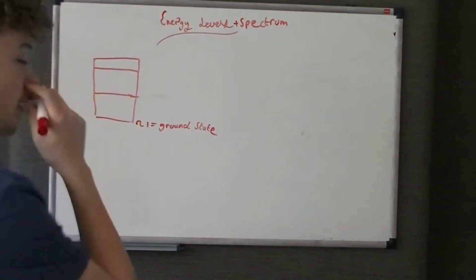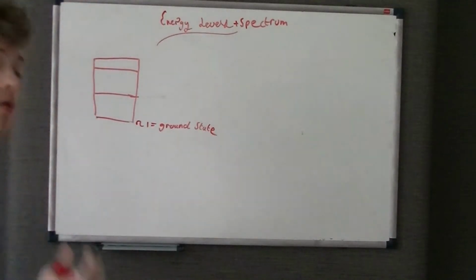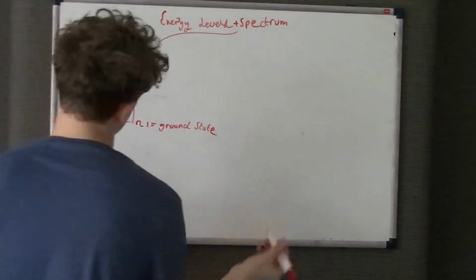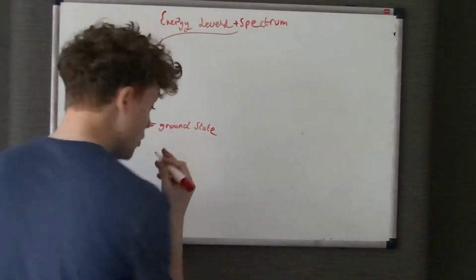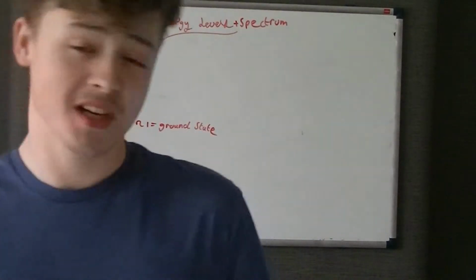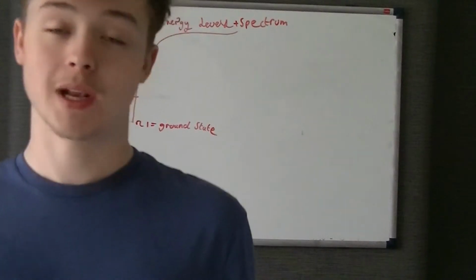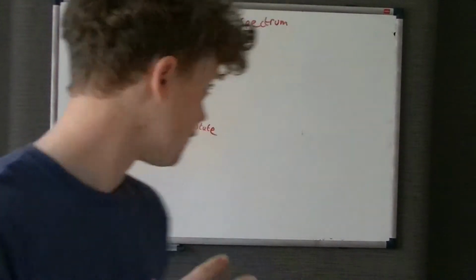These two, now there may be more than two, there may be less than two, but they are what we call ionisation levels. Now we talked about ionisation before, when atoms gain or lose electrons.